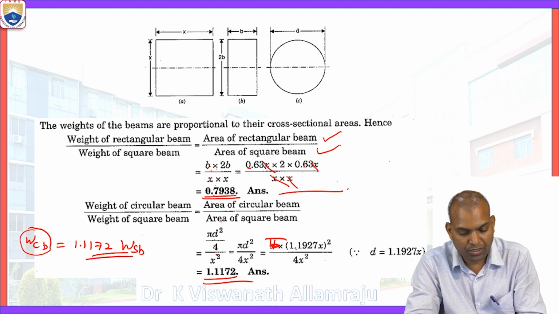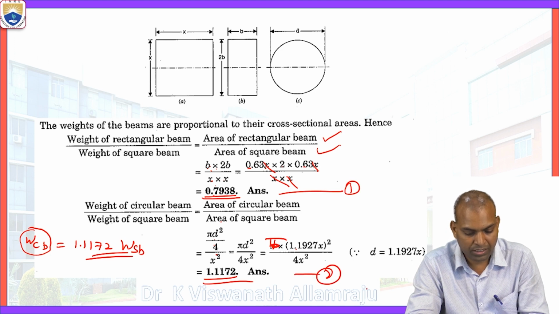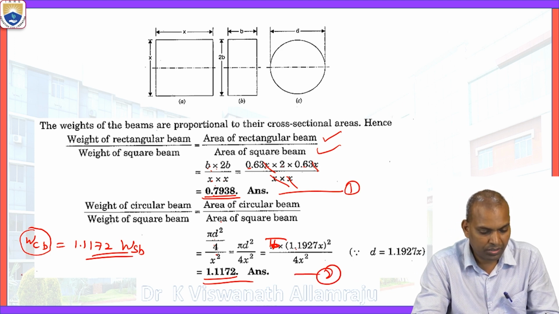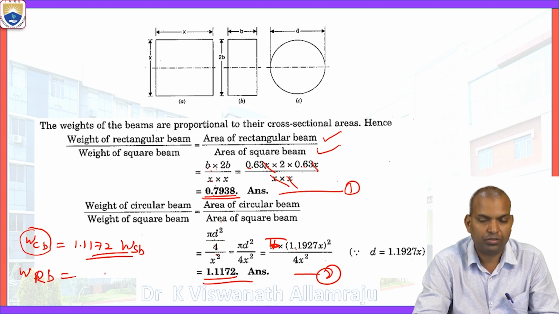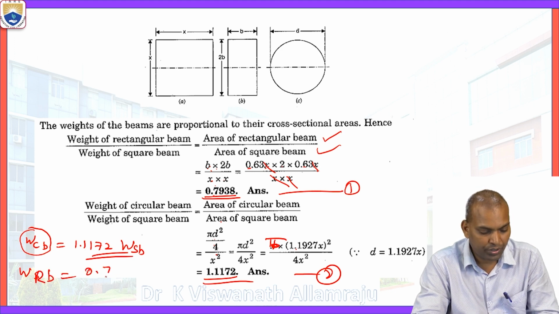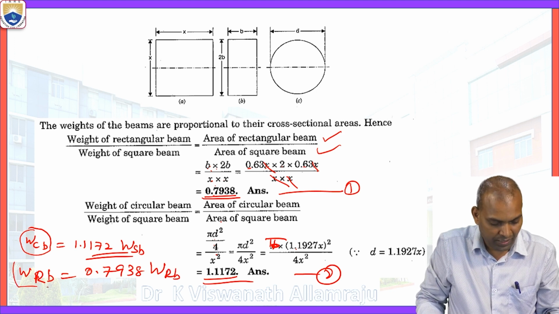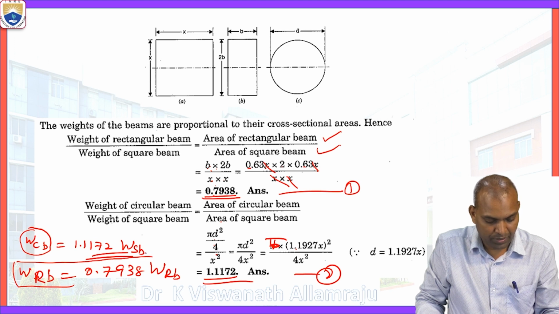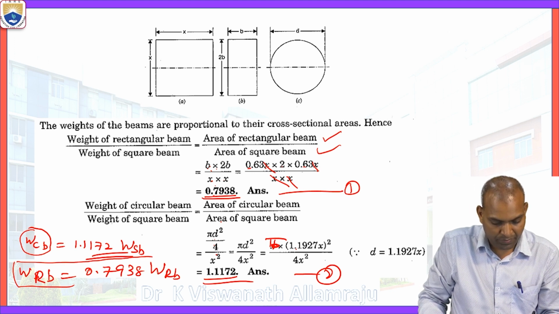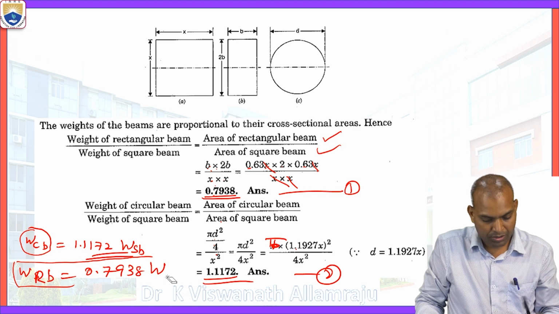And from the above value, equation 1, suppose if we consider equation 2. From the equation, weight of rectangular beam equal to how much times? 0.7938 times the weight of the square beam.